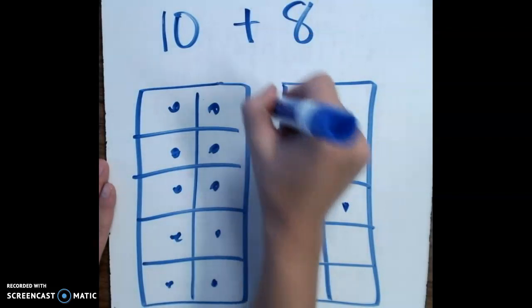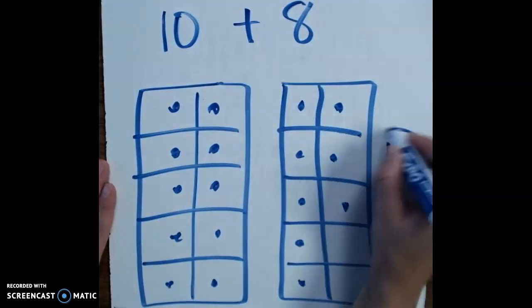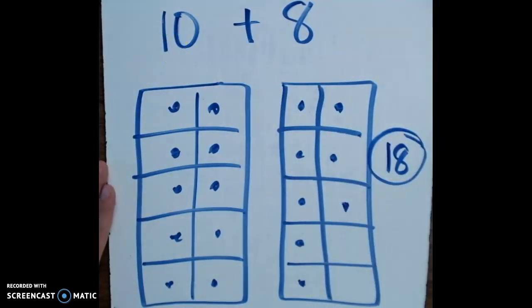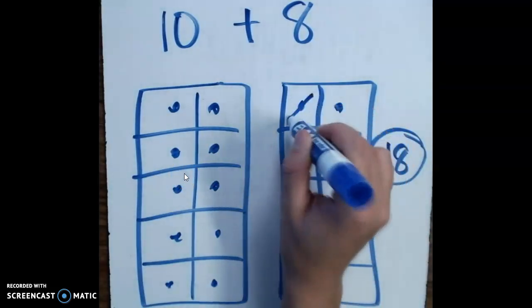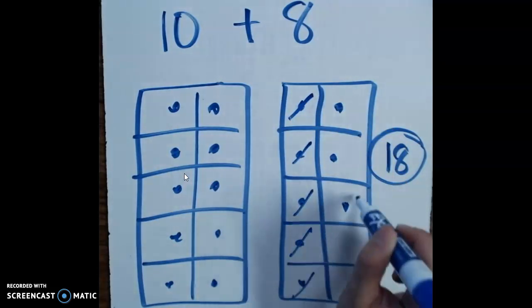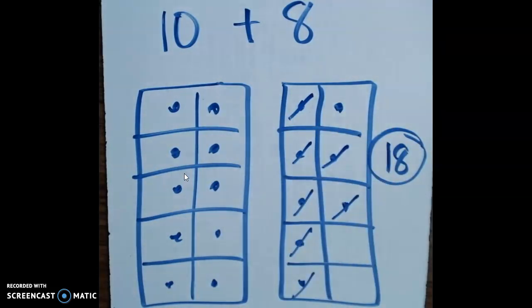It says that there are 18 animals all together. That's why I have 10 and 8. It says that the 2 girls own 7 of them, right? So I need to mark off 7. 1, 2, 3, 4, 5, 6, 7. It's asking us how many animals are owned by the other kids.